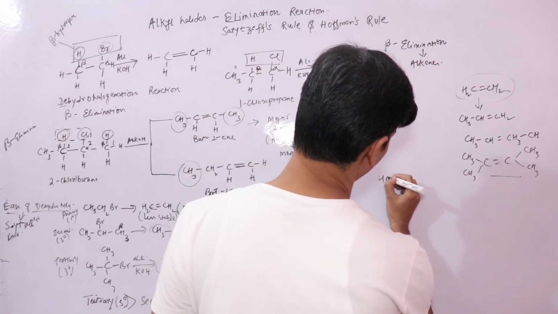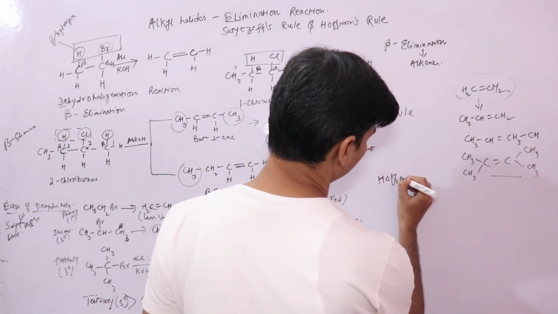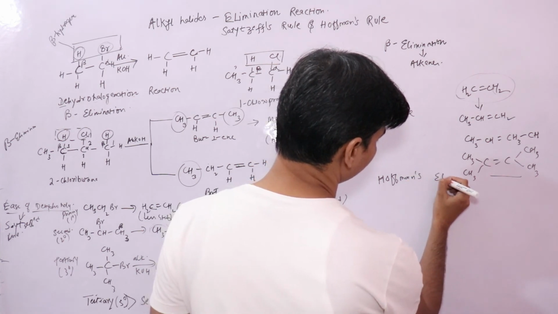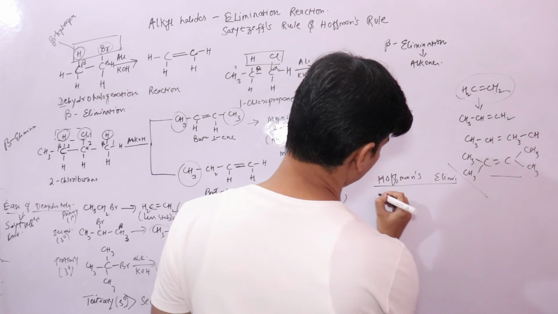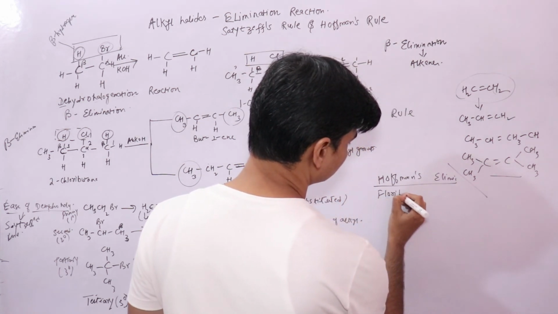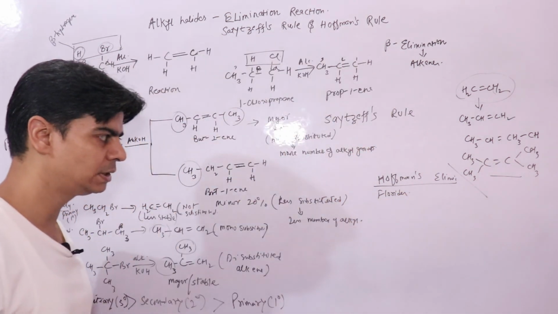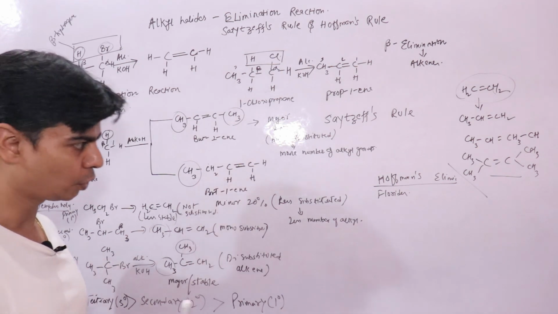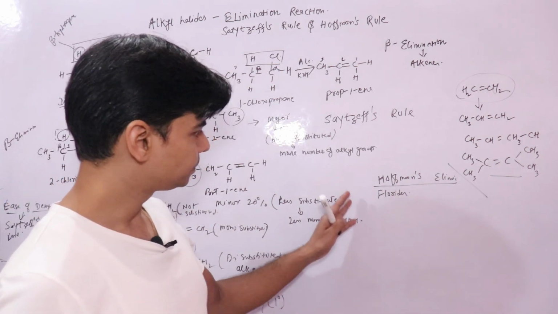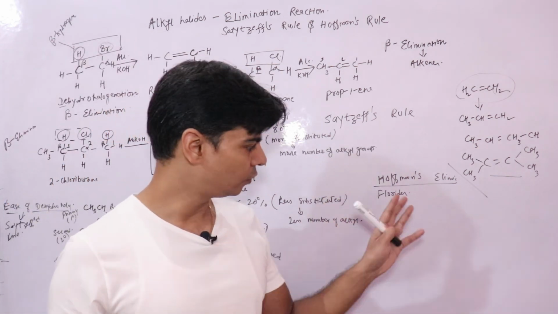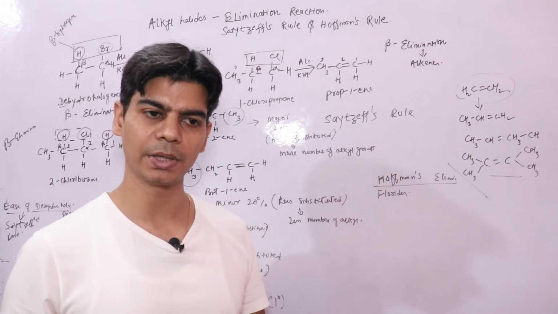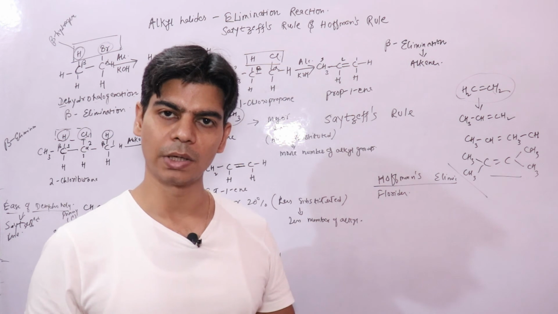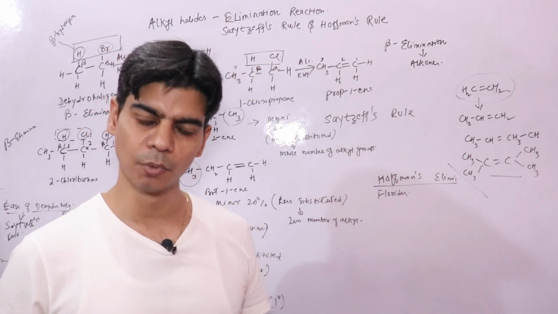Now comes your Hofmann's elimination rule. Hofmann's rule applies to fluorides, and it also decides which alkene would be formed in major quantity, or which alkene would be most stable.